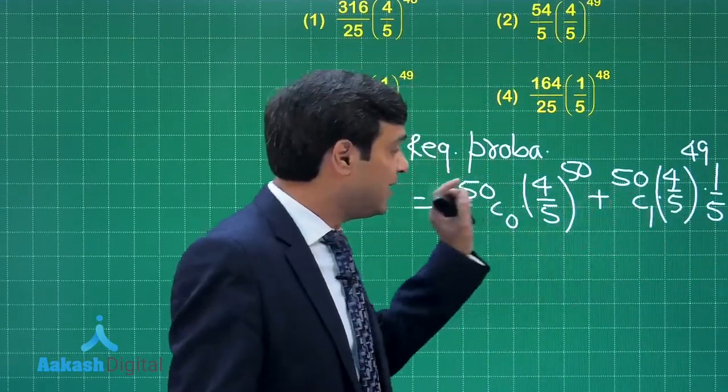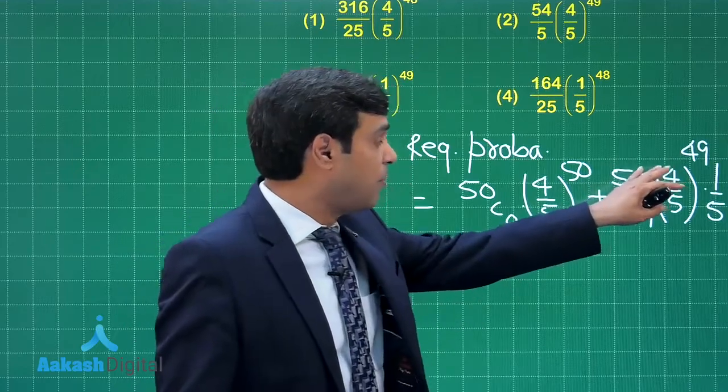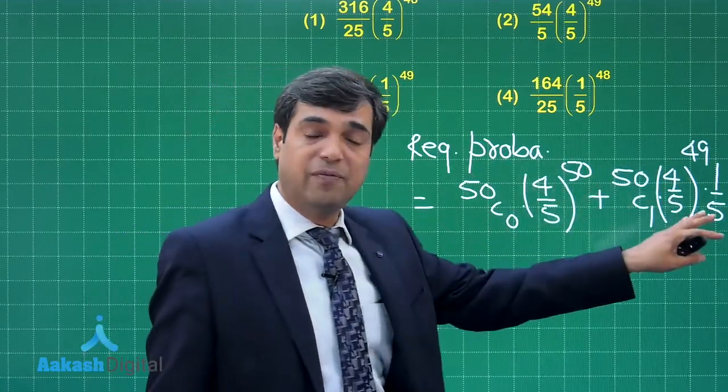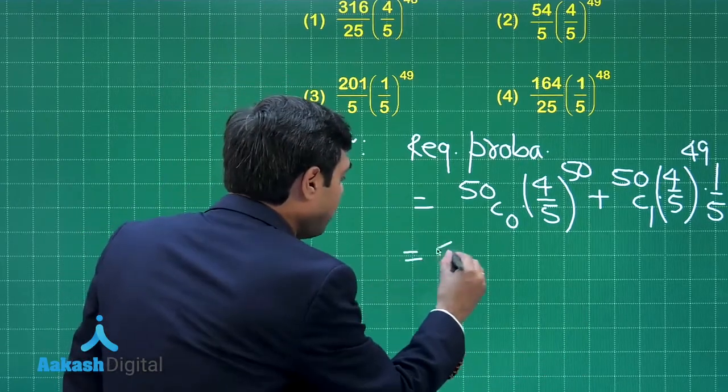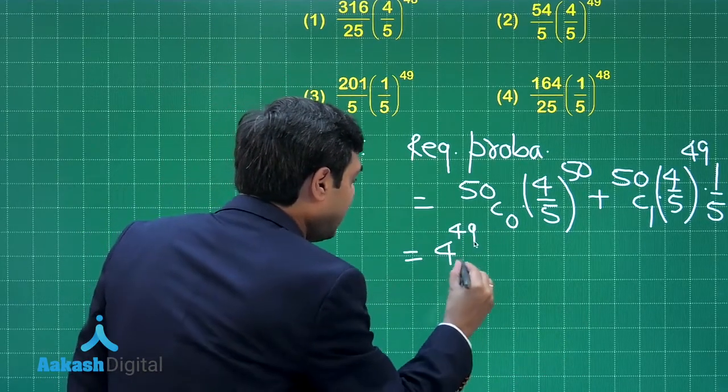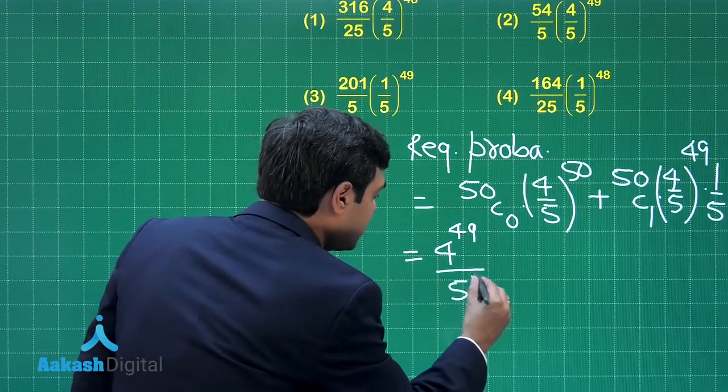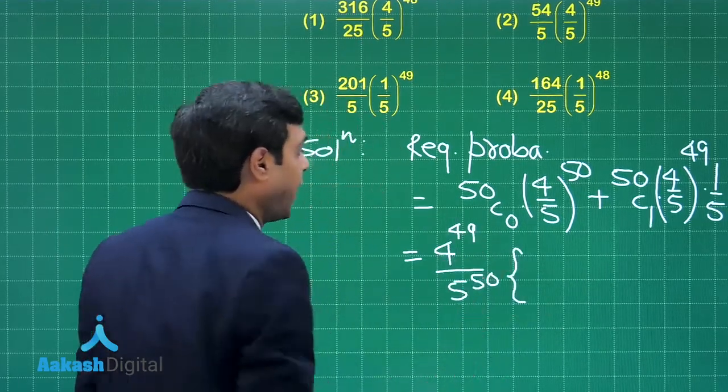So you can clearly see from here 4^49 from the numerator and 5^50 from the denominator is common. You can write it as 4^49 divided by 5^50 multiplied with.